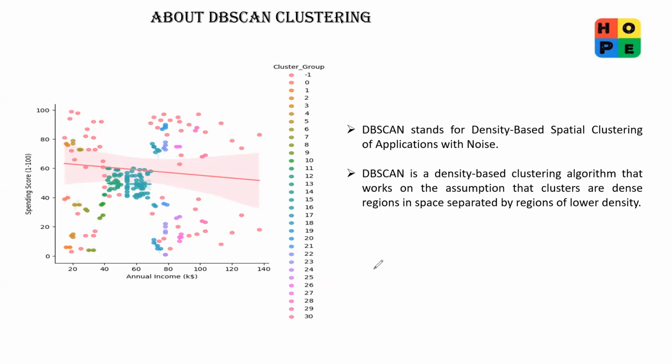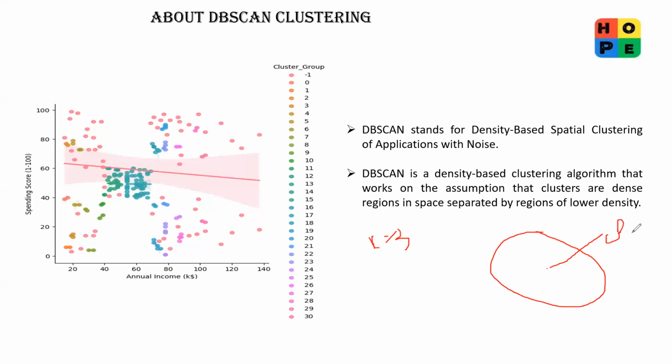Okay, let me just quickly tell you what it is. Suppose we have a circle. The epsilon value is 3. Now in this circle I have this base point.